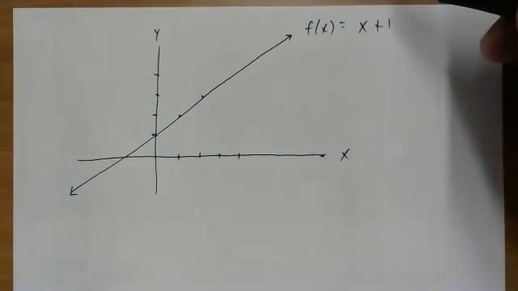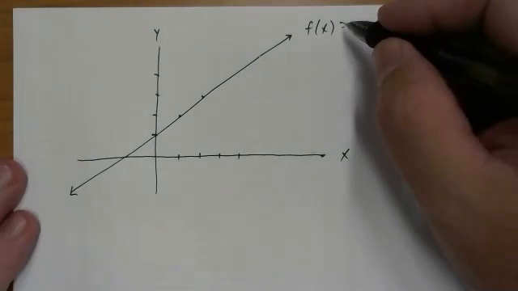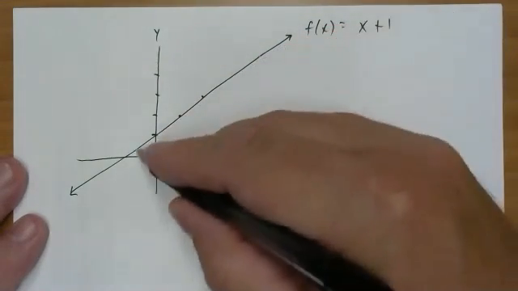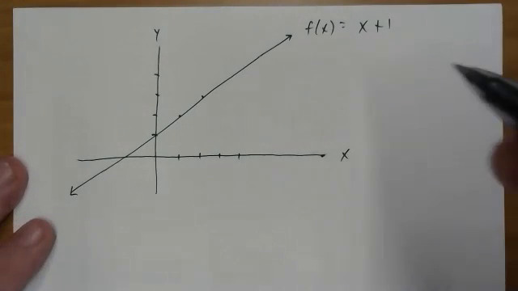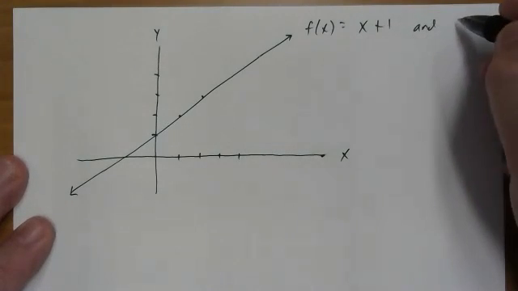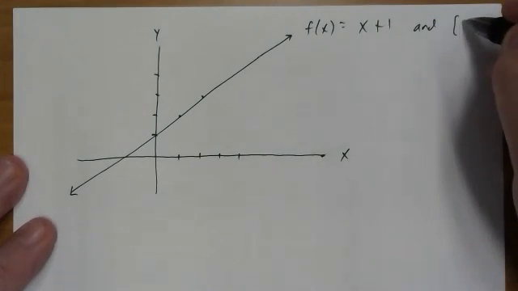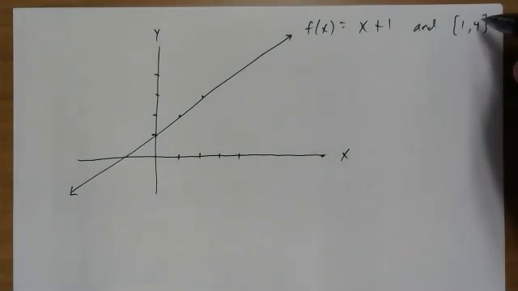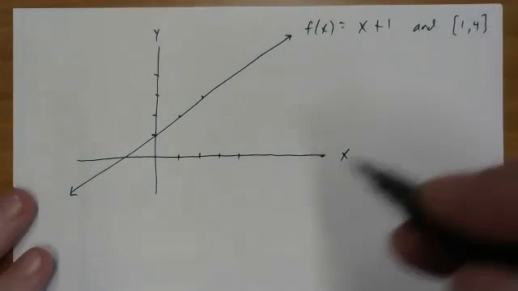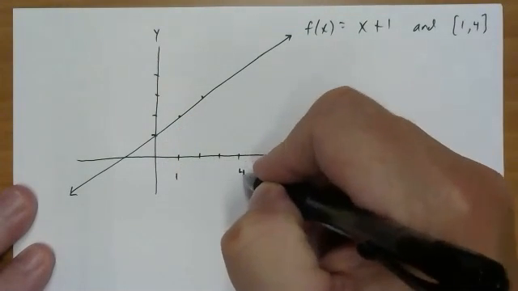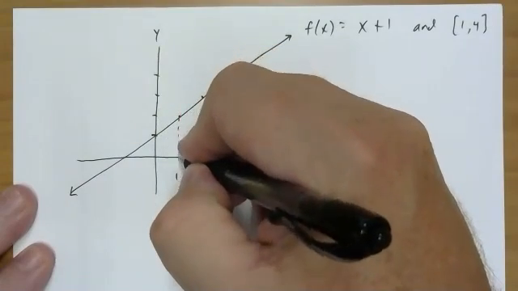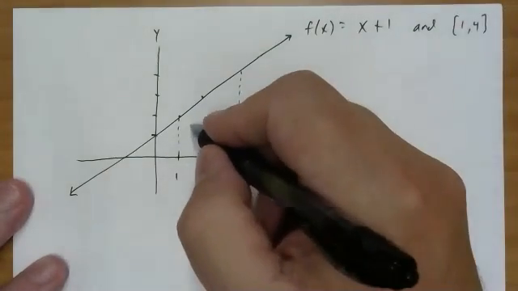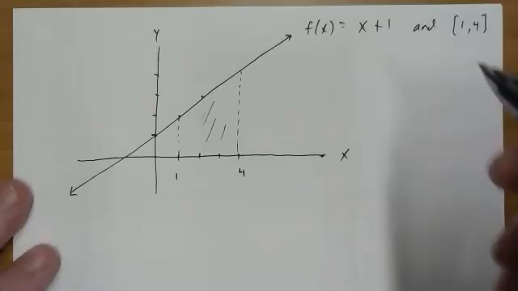So they give you this function and they say find the area underneath this function, underneath this line, and from 1 to 4. Now, once again, what they mean is x going from 1 to 4. 1's right here, 4's right here. So it's almost like they're wanting to know this area.